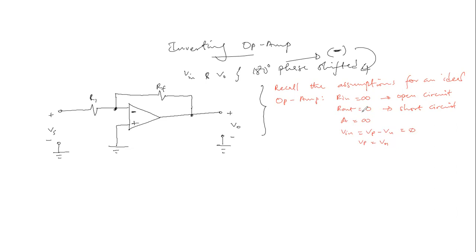So with these assumptions, we will now be able to present the circuit model of the inverting op-amp circuit. Now the input resistance is an infinite value, so we'll represent it with an open circuit. Then we have the feedback. This is R1, then this is RF.